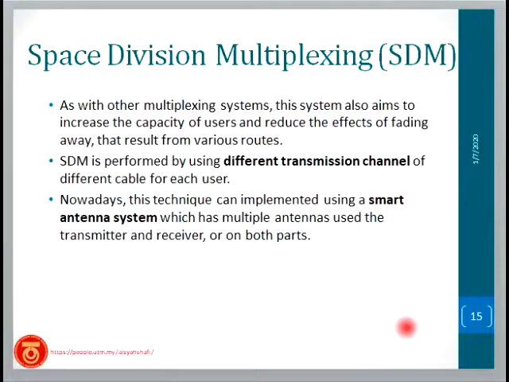Nowadays, this technique can be implemented using a smart antenna. There are two methods that you can use: different channels or different cables, and the other one is a smart antenna.